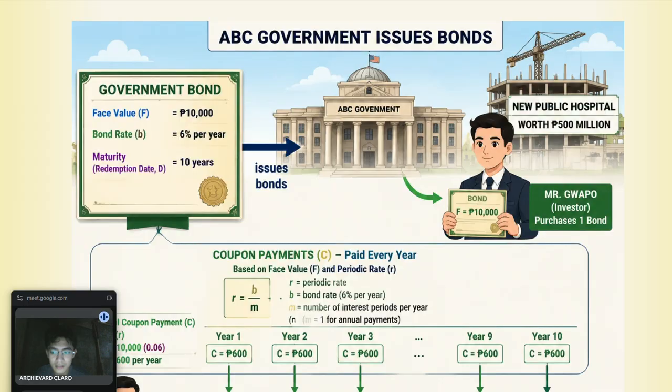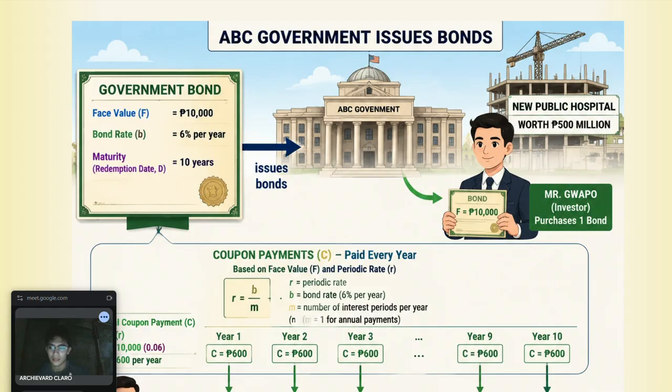But ABC government doesn't have enough funds. ABC government doesn't have that 500 million. So, anong kanyang gagawin? Anong gagawin ng ABC government? Mangungutang. Yes, mangungutang. But kanino?